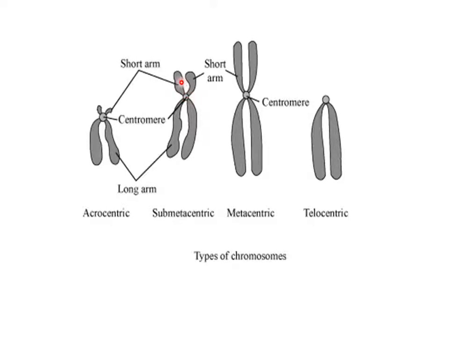So one arm is also short, but when compared to acrocentric, it is longer, and the other arm is very long. In metacentric, it is located in the middle of the chromosome. In telocentric, it is located at the terminal, that is the polar region, the proximal end of the chromosome.